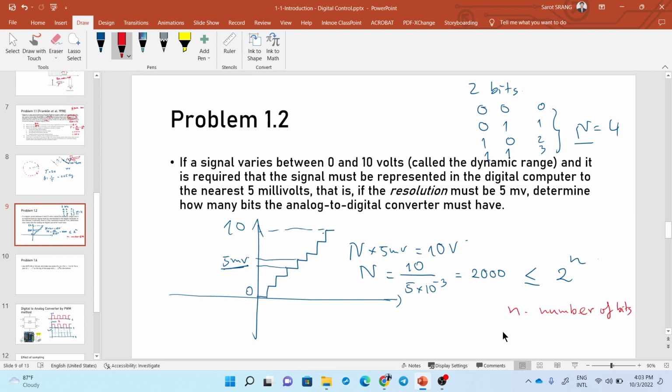So n can be 11 or 12, right? It depends on how convenient you make it, whether 11 bits or 12 bits.